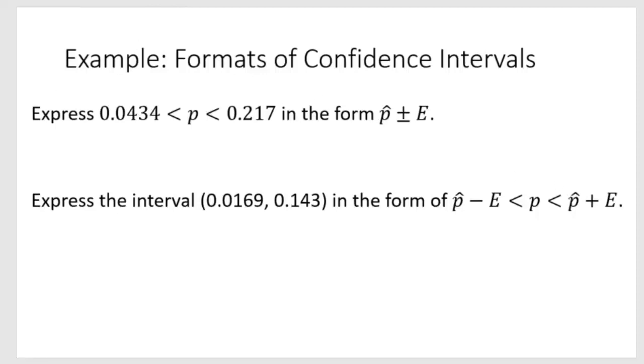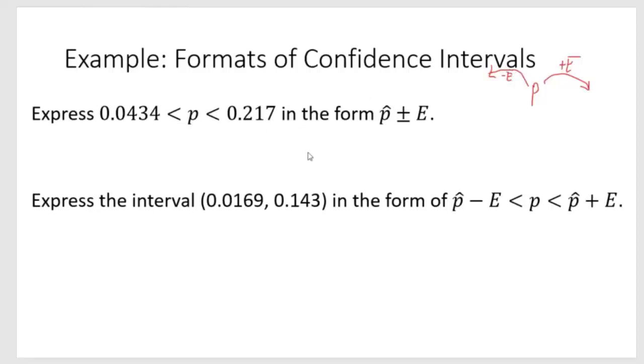Well, first of all, it helps to understand that doing p plus or minus e, if you consider a number line, if you add e, you get to a bigger number. And of course, if we subtract e, we get to a smaller number.